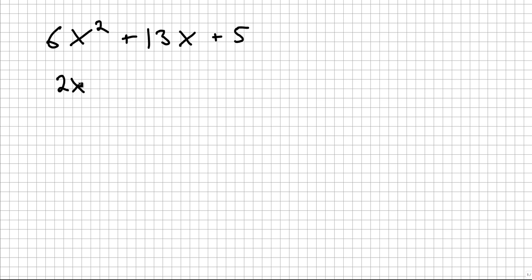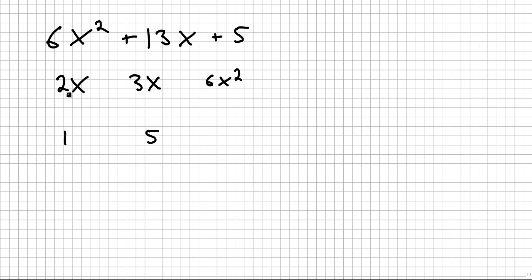How about 2x and 3x? So 2x times 3x will be 6x squared. So this is fine. Factors for 5. Well, 1 and 5. Let's try 1 here and 5 here.